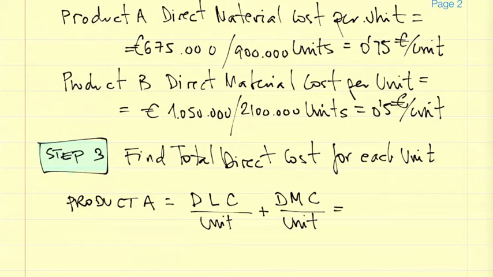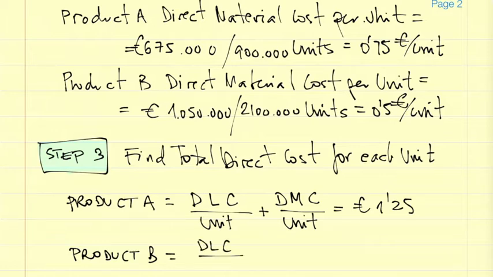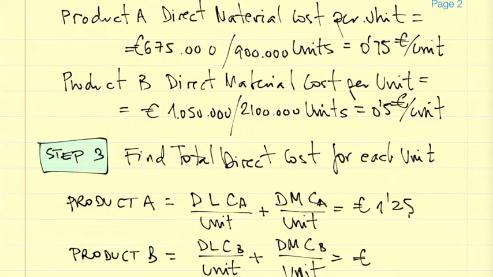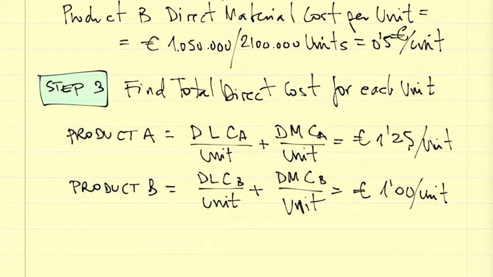This equals 1.25 euros, and product B, direct labor cost per unit plus direct material cost per unit for B equals 1.00 euros per unit. Okay. Questions so far?